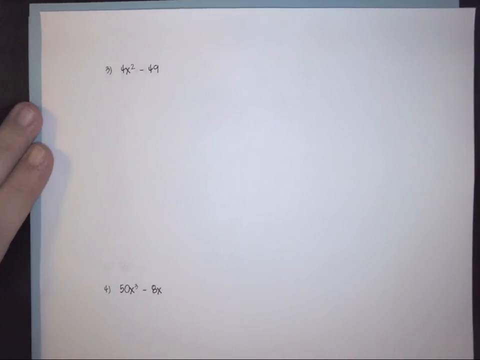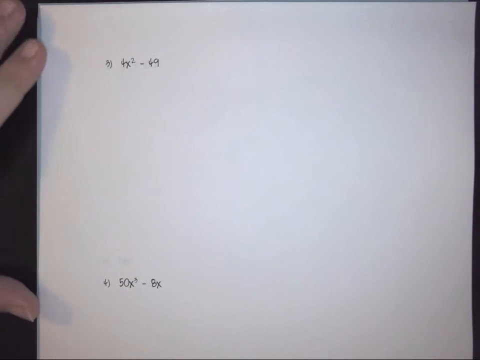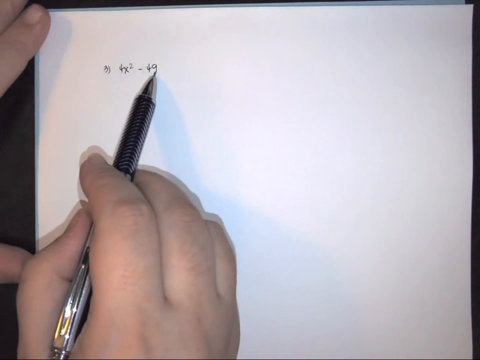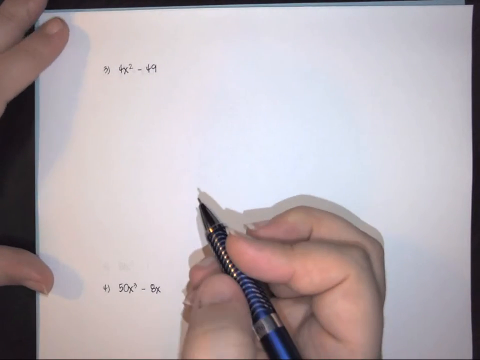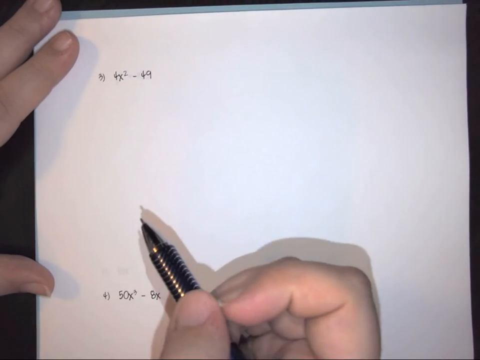Alright, let's take a look at another one. So here I've got 4x squared minus 49. Notice I don't have any GCFs there. So what I have to do is look at each individual term.